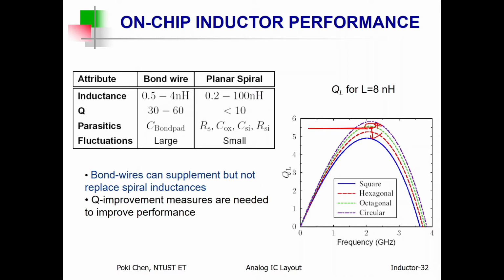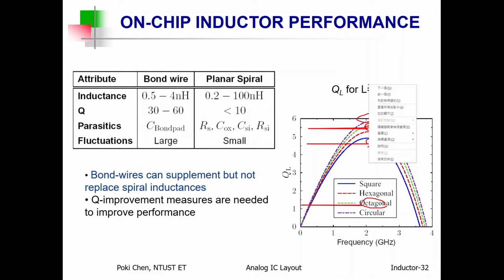According to layout complexity, I think for octagon layout, the effort is about the same as square, but much simpler than such kind of circle layout, right? And anyway, the Q factor is very close to the circular, so why not?